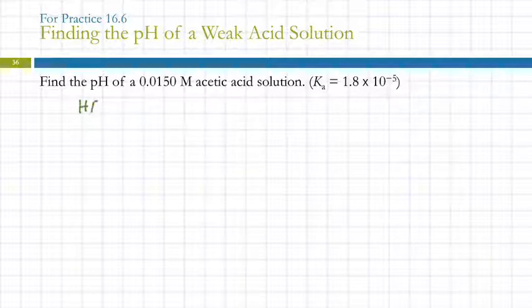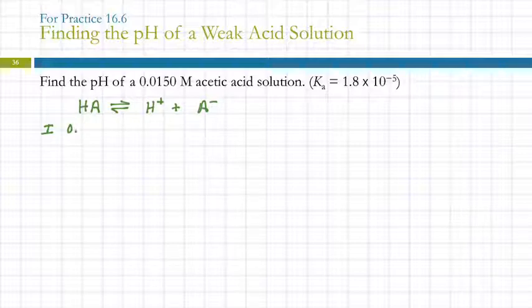So here's our acid. It's in equilibrium with hydrogen ion and that conjugate base, which here would be acetate ion. Making a nice table. Initial concentration, 0.0150 for the acid. And we're going to say approximately 0 for the hydrogen ion, and 0 for the conjugate base.